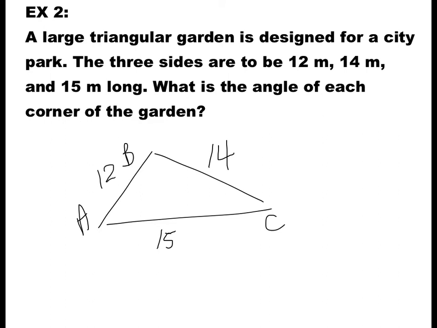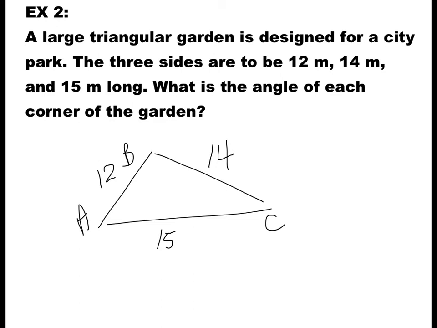Now, first of all, I cannot use sine law because no angle is given, so forget about the sine law. Now I will look at the conditions that I can use the cosine law. I know that if three sides are given, cosine law is possible to be used, and I have three sides, so I can use cosine law.